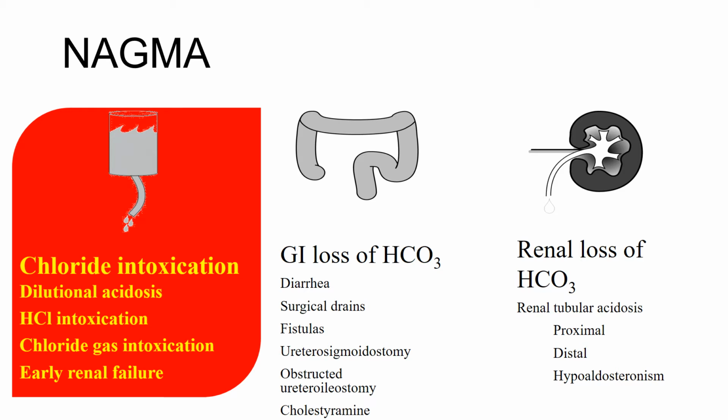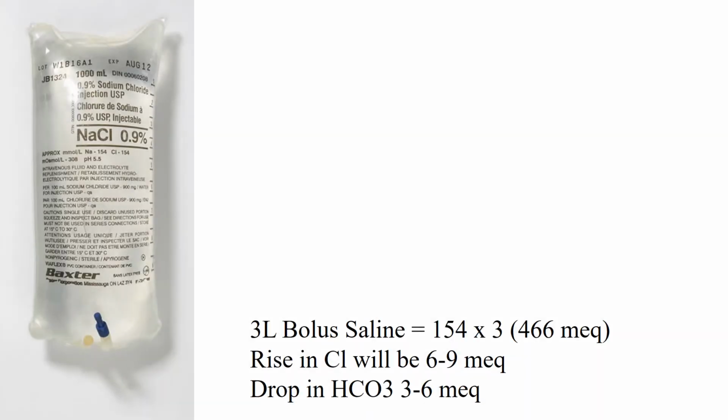Now, once you rule that out, the most common cause of a non-anion gap metabolic acidosis is usually iatrogenic chloride intoxication. A normal saline bag has a very high concentration of chloride, 154 milliequivalents, and when a patient is given a bolus of saline for a condition, let's say the most common condition that I would think of would be diabetic ketoacidosis.